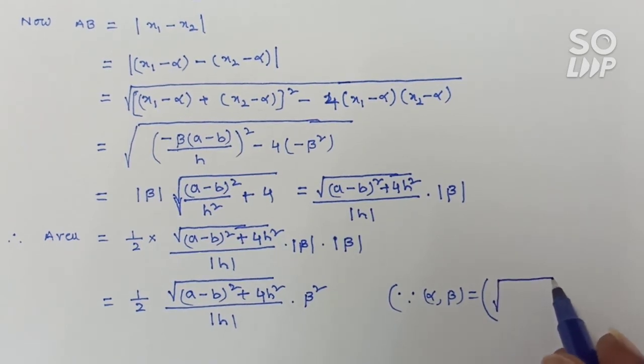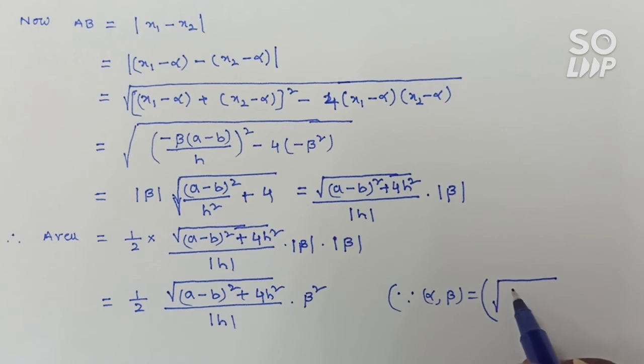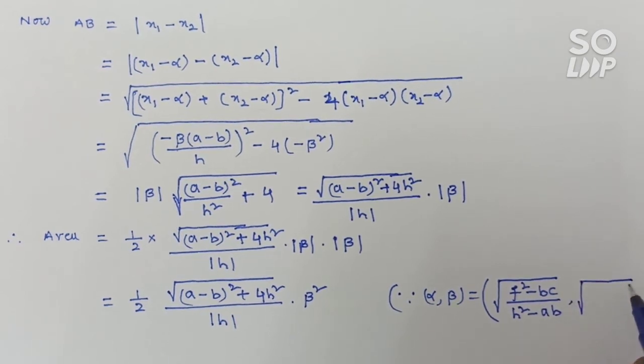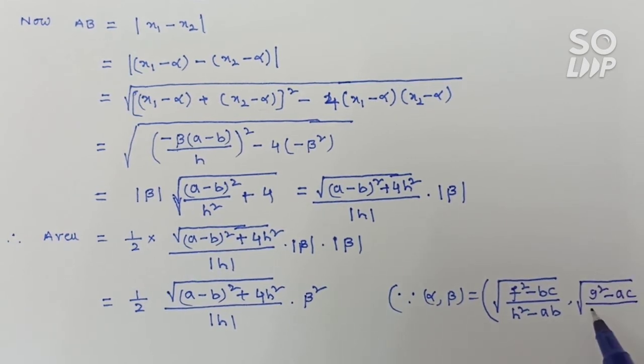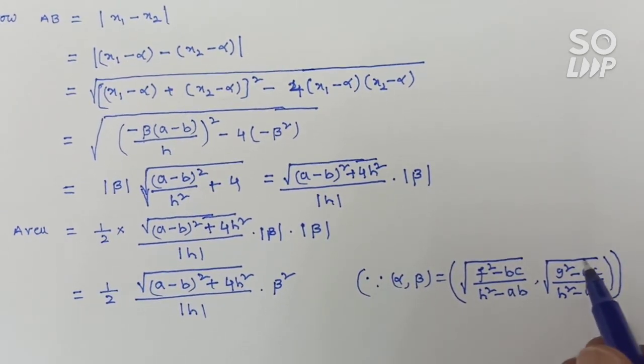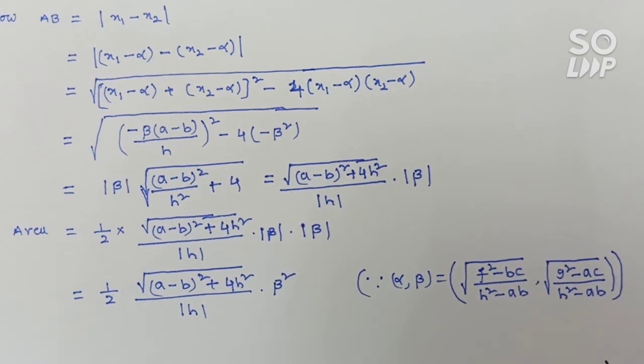Root of (f square minus bc) by (h square minus ab), comma square root of (g square minus ac) whole divided by (h square minus ab). So we know that point of intersection of the pair of lines will be this one. So here beta will be equal to what? Square root of (g square minus ac) by (h square minus ab).